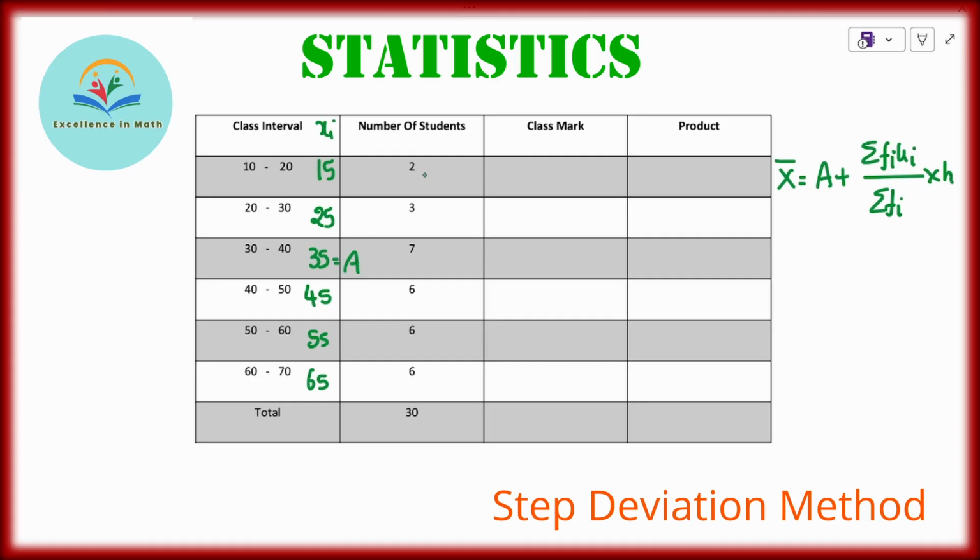Now let's come to this class mark, that is ui. The ui is to be calculated as xi minus a by h. What is this h? H stands for the class size. Class size is the upper bound minus the lower bound of the class interval.